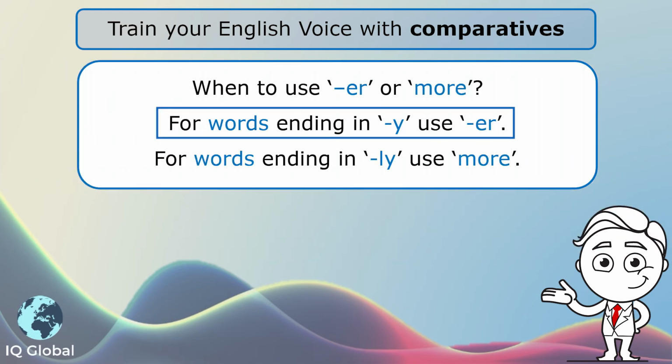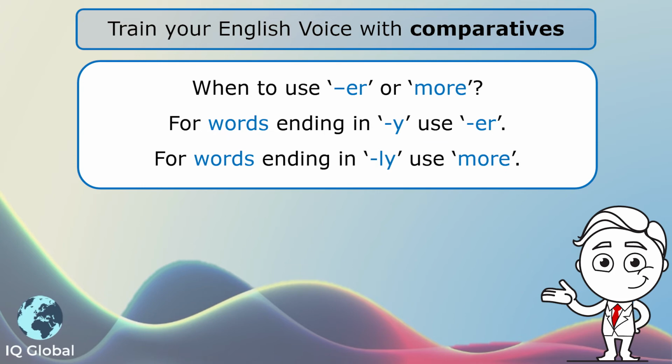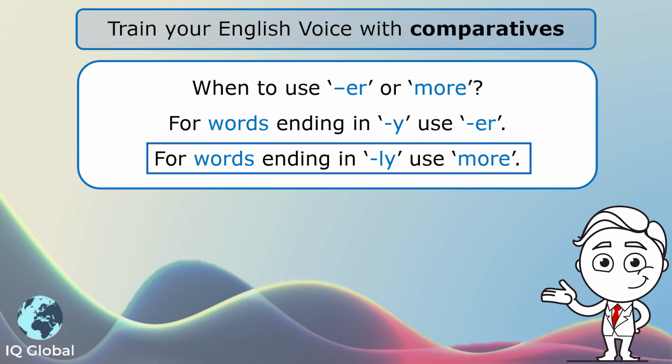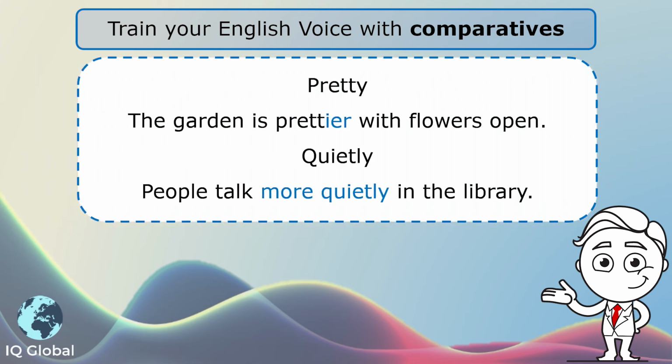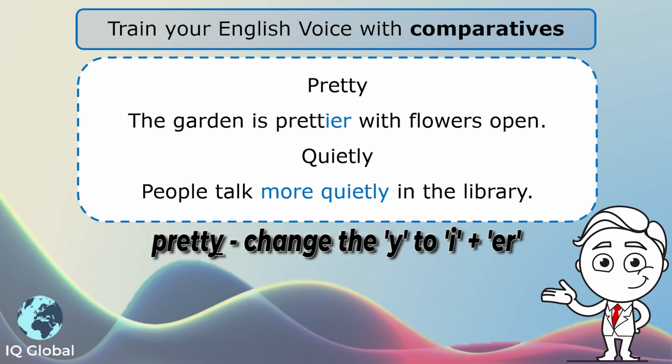For words ending in y, use er. For words ending in ly, use more in front of that adjective. So have a look at the adjective pretty. We take the y away and we added ier.